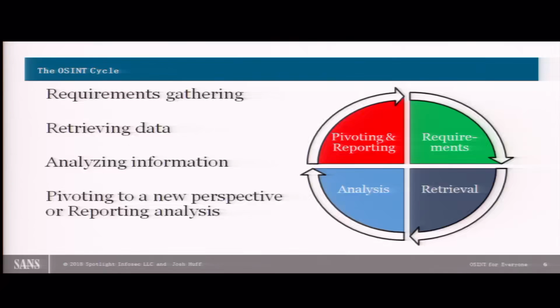Dig up as much information as you can from as many sources that are in play, and start to comb through it. That's your analysis portion. And then we start, again, creating intelligence out of that information by sifting through the good and the bad, sorting it out. If you've got multiple subjects, say you're looking at Josh Huff, and there's 42 of them in the U.S., you've got to start narrowing down so you can pivot into the other attached information that is accurate to your target of research.